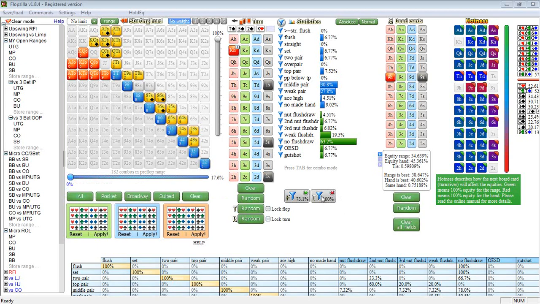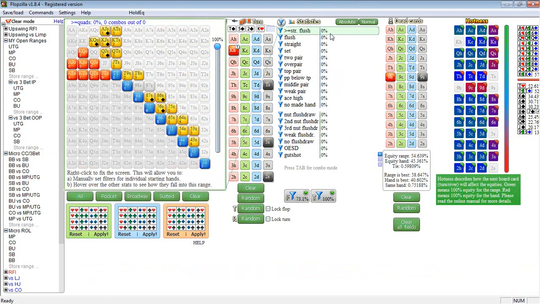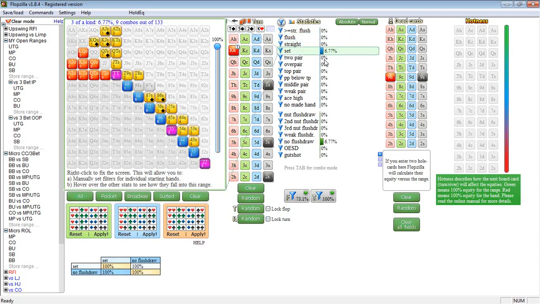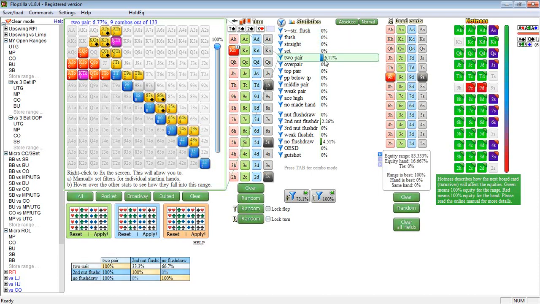I just want to see again about the river bet. River bet, he leads out. What's he leading out with? Well, flush, straight, set, 2 pair.